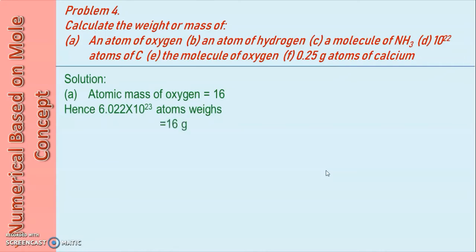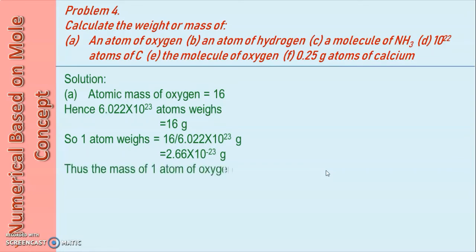That is what 1 mole of oxygen atom. 1 mole of oxygen atom contains 6.022 into 10 to the power 23 atoms and its weight is 16 gram. So the mass of one atom of oxygen will be 16 divided by 6.022 into 10 to the power 23 gram, which you can calculate. The answer will be 2.66 into 10 to the power minus 23 gram.